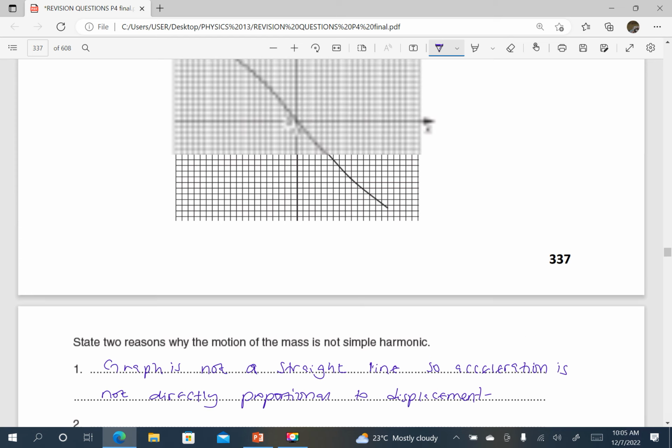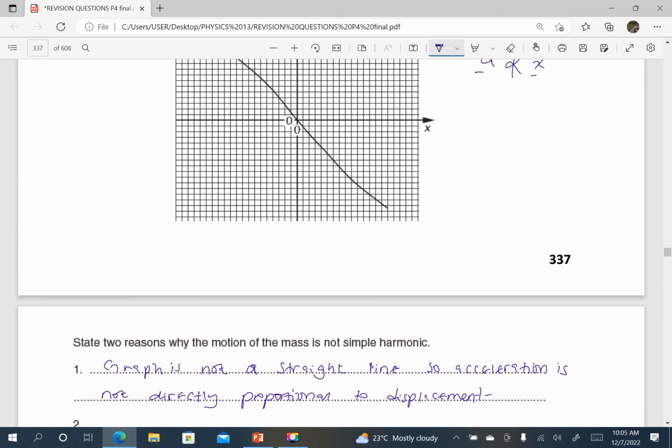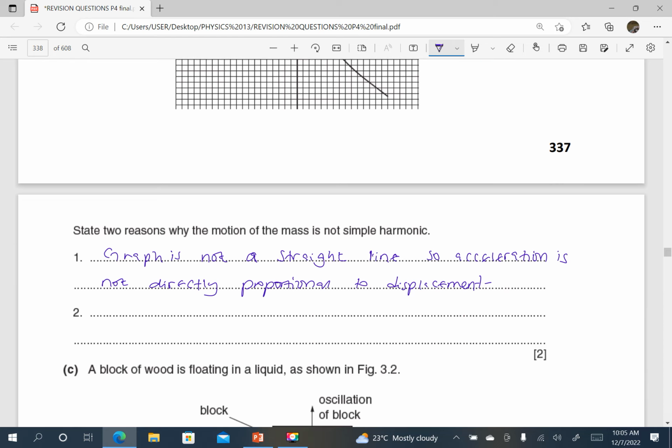We have seen that the maximum displacements or accelerations are actually different.